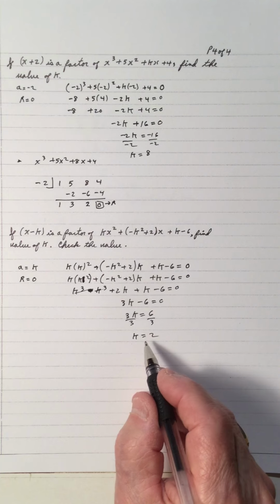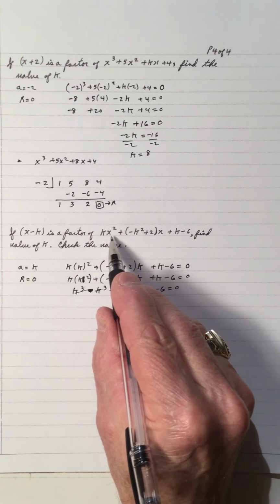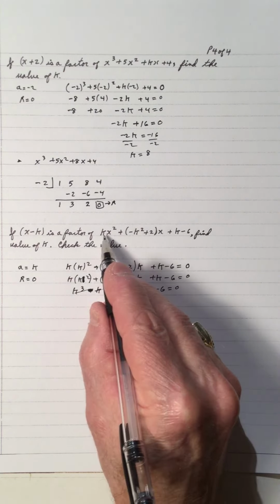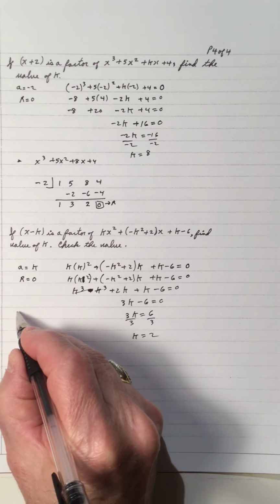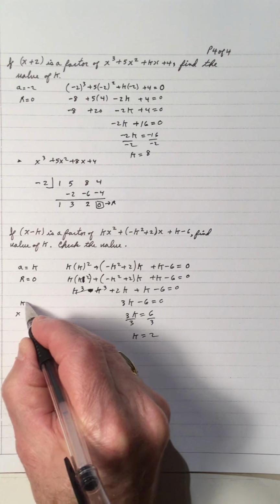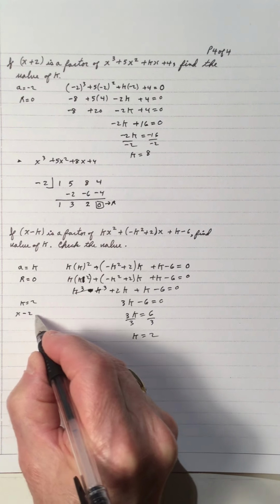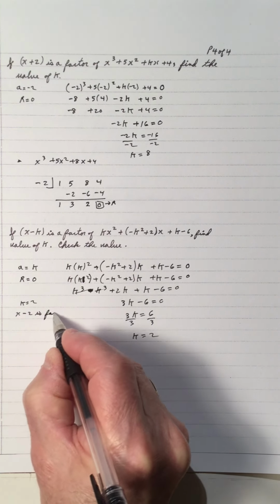Notice how I made some confusion here. Let's check: if I put 2 in for k, that means k is equal to 2, so x minus 2 is a factor.